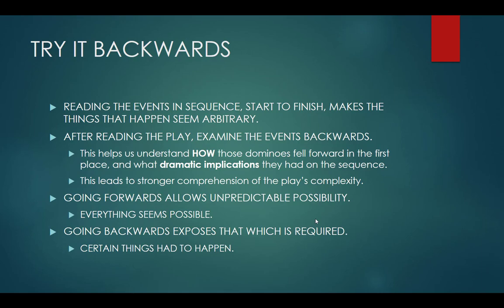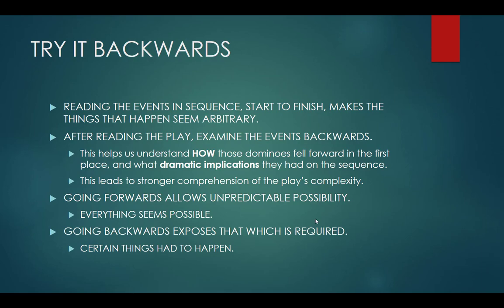You'll see that removing any one of these actions, any set of two events together, would have stopped the play. We would not have had the same play in the end. So going forward allows for some unpredictable possibility. Anything could happen. Everything could happen. It seems arbitrary, like the playwright could have come up with anything else following an event.